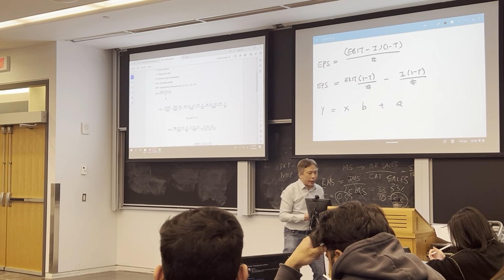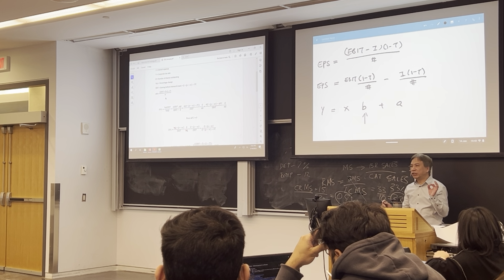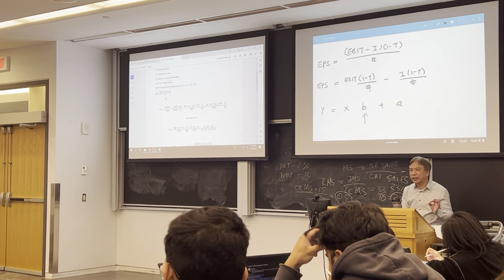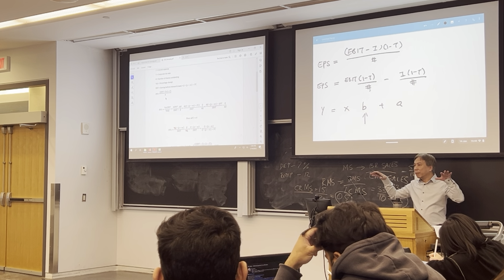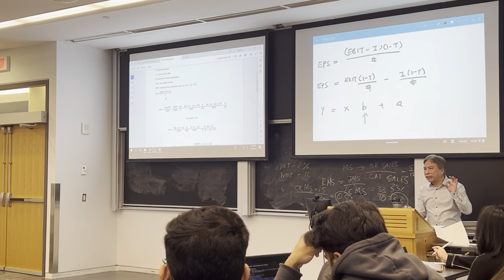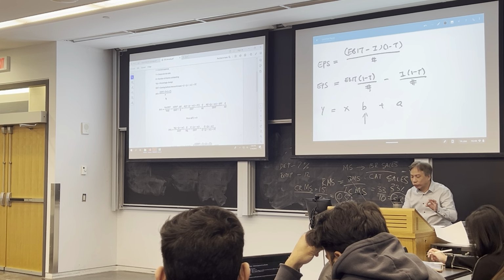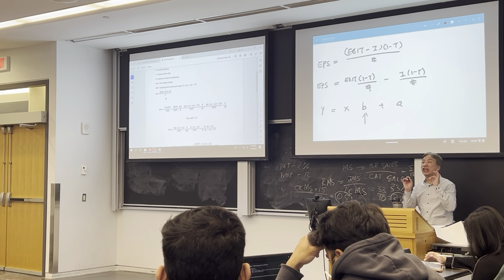So that's why if you have a different capital structure, the slope will be different, because of the number of shares outstanding. 1 minus T is the same for both, since it's the same company and the same tax rate. But when you use more debt, the number of shares outstanding will be less, so this B will be larger because the number of shares outstanding is in the denominator.